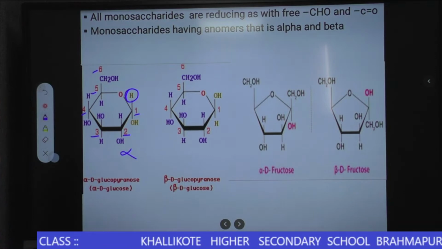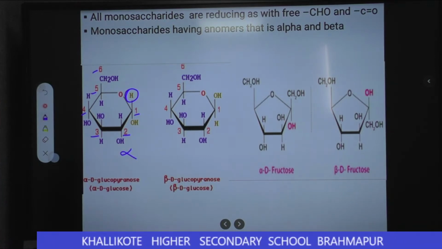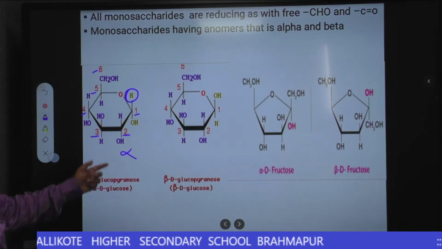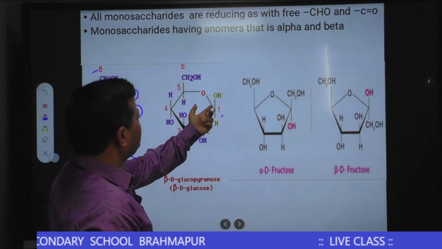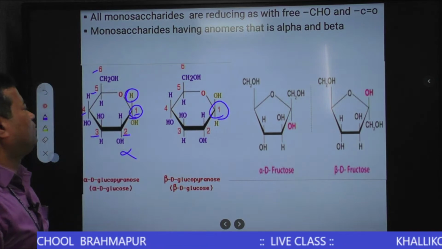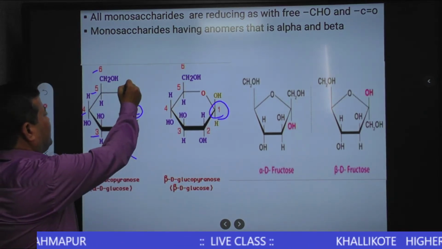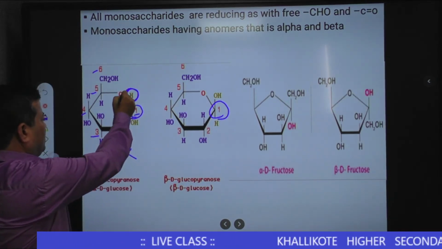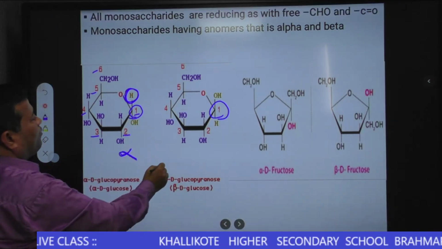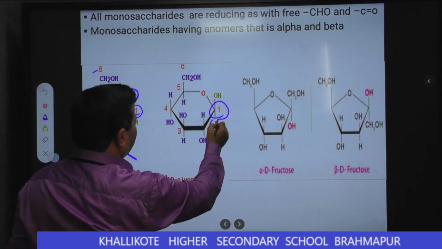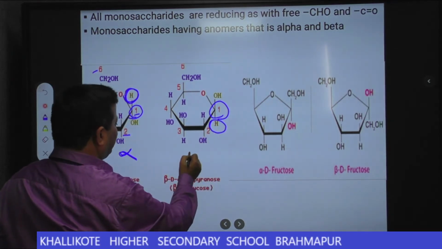Anomers can only be considered at the first position of the carbon atom. When hydrogen is located at the above position, it is called the alpha form. When hydrogen is located at the below position, that is the beta form.